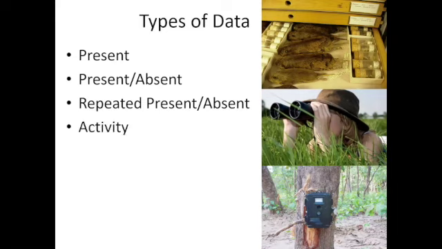Other things that we can look at with these types of data are activity and activity patterns. A big movement now is looking at temporal overlap between species and thinking about how species interactions might be driving activity patterns.